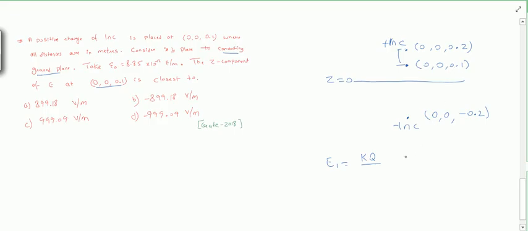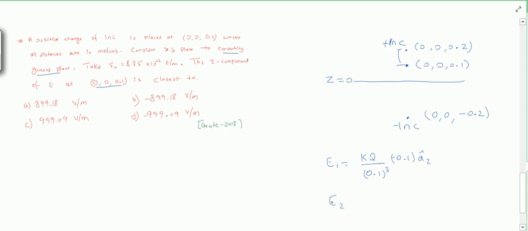So 0.1 minus 0.2 gives minus 0.1. Here I write only the magnitude, 0.1 cube, and minus 0.1 az cap, because the field direction will be downward. So E1 is kq over 0.1 cube times minus 0.1 az cap.